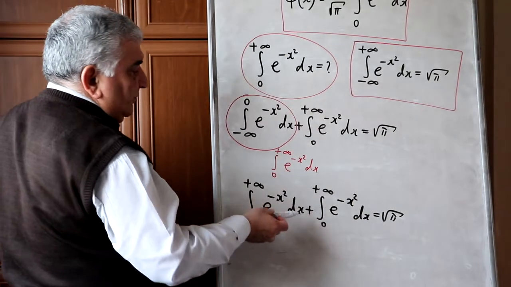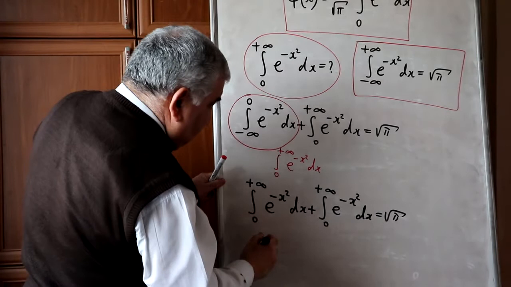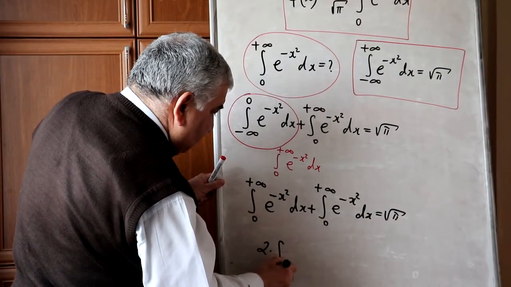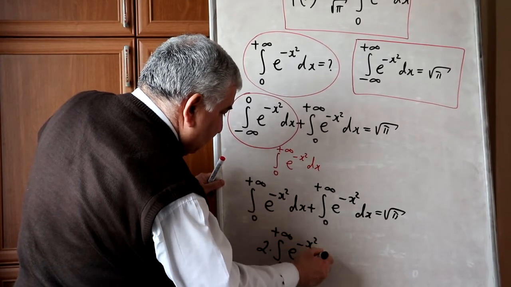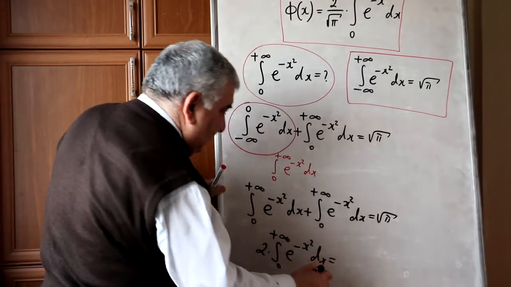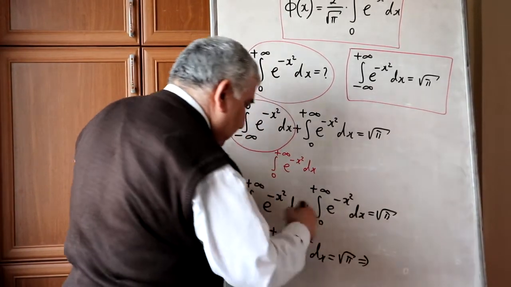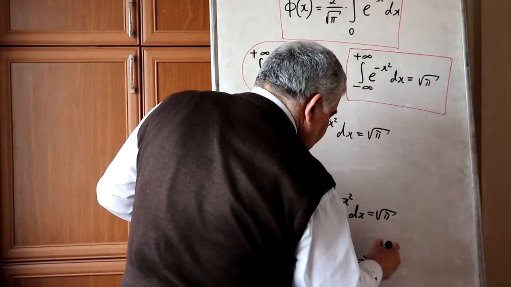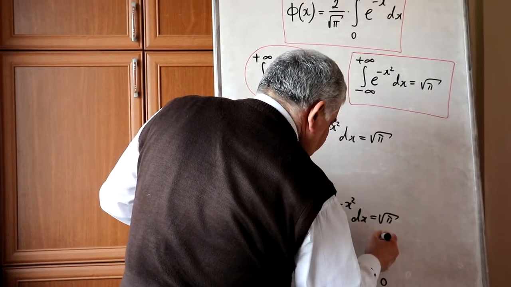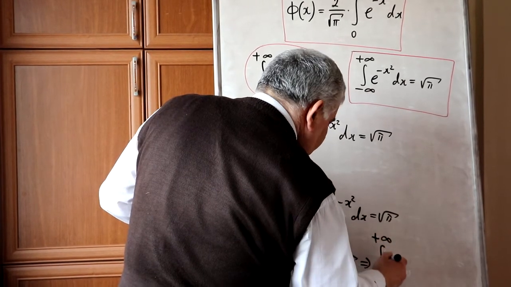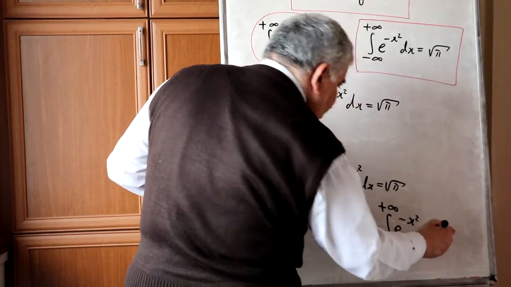We have two of the same integrals, so it is equal to twice the integral from 0 to plus infinity of e raised to minus x squared dx, and then the integral itself will be equal to square root of pi over 2.